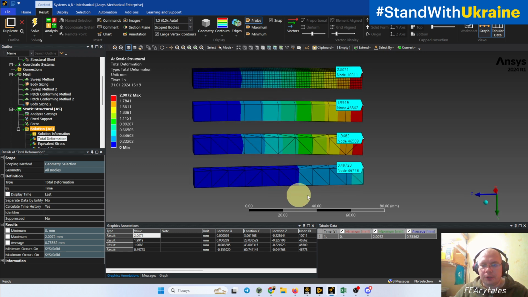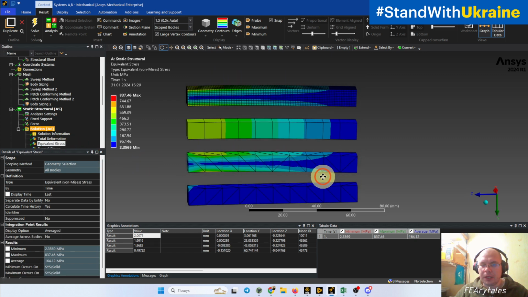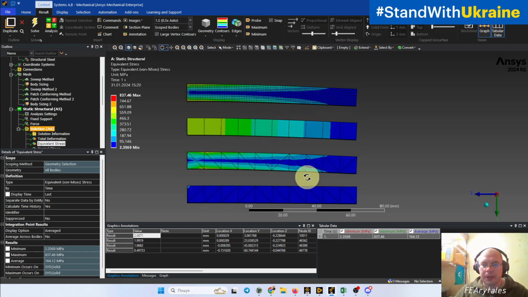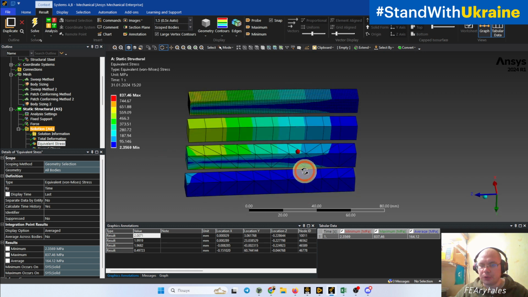But the problem is not only in displacement distribution, not only in stiffness distribution, the problem is in stress distribution. If we take a look here, we can see that we have two almost the same pictures. Yes, it's more coarse, it's more wavy, but we can see that the character of stress distribution for this and this is almost the same.